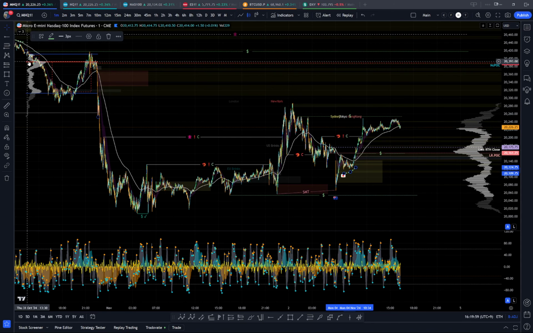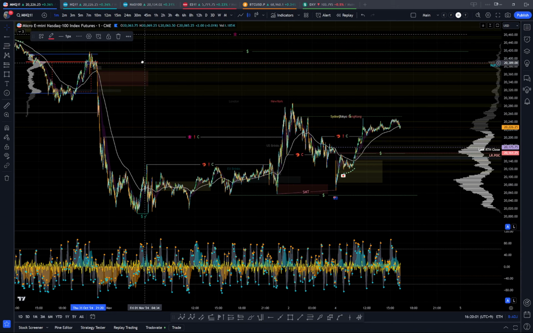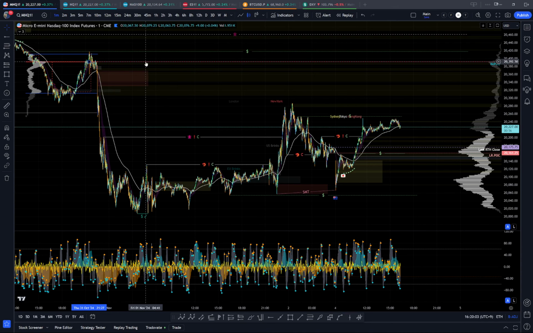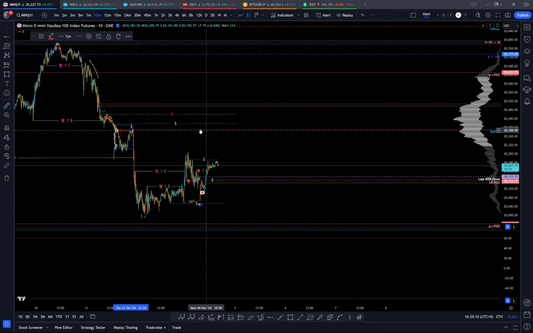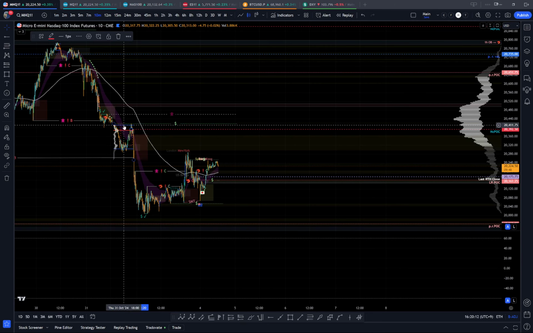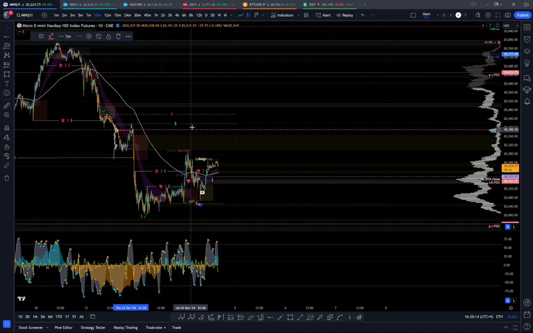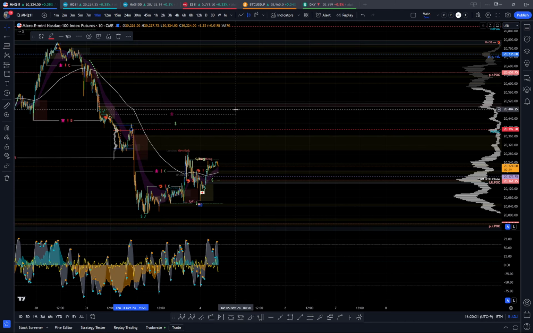We have a nice point of control here of this consolidation. If we did come up here, eventually we could get some bearish reactions. Maybe some scalps, but we are right below this liquidity pool. If enough volatility comes in, they could just say to hell with it and swipe up and swing fail.